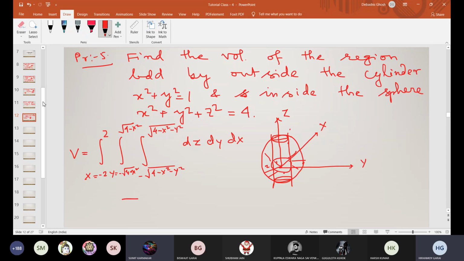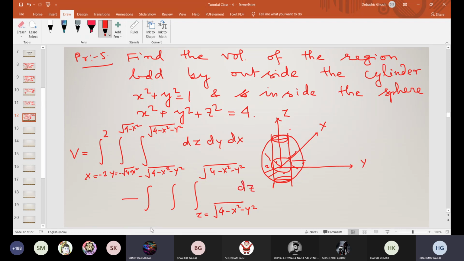Then minus the cylindrical part, that is also z equals the intersection of these two, so the same range, that is 4 minus x square minus y square. That is dz.